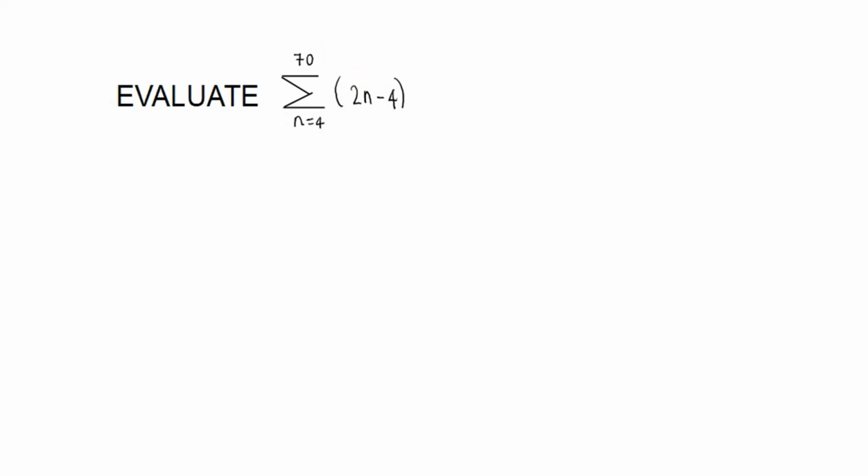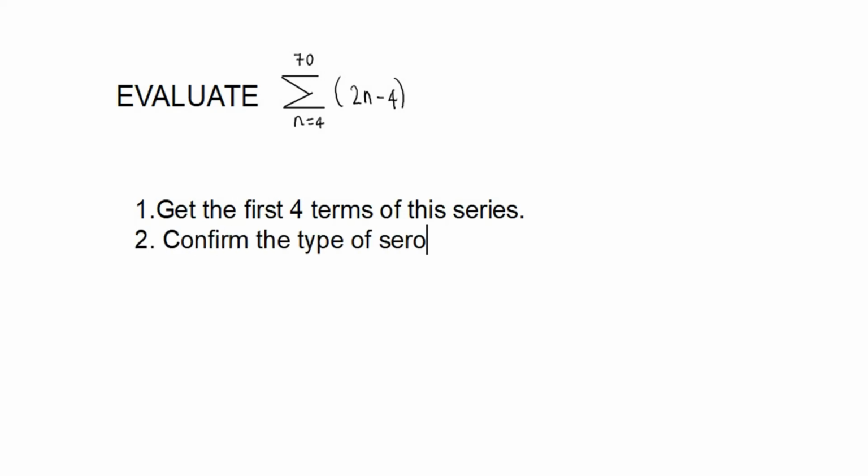When you're working with sigma notation, guys, it is important that you remember these steps. When you're given a series in sigma notation, the first thing you need to do most of the time is get the first 4 terms of the series. Number 2, you need to confirm what type of series you're working with.